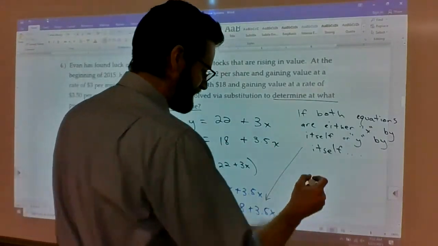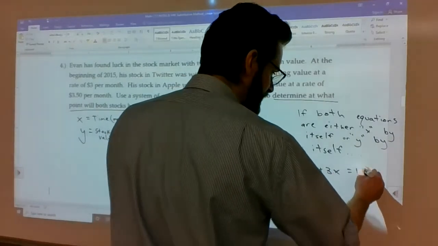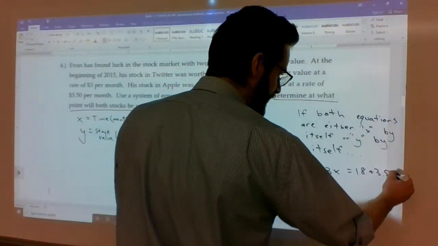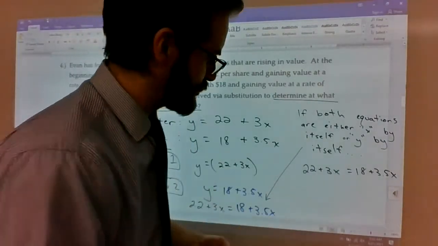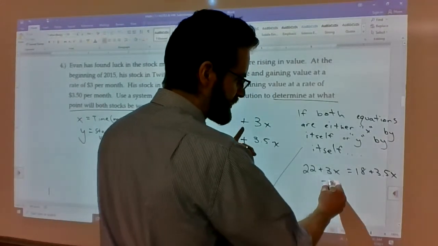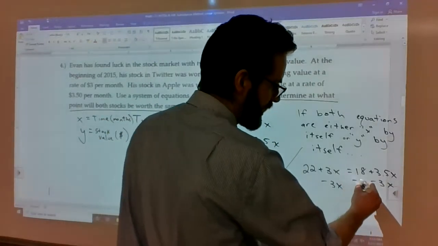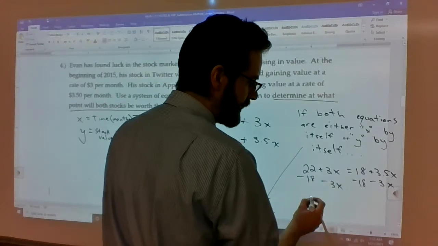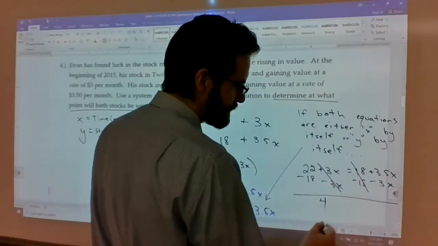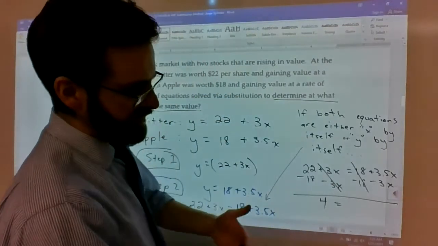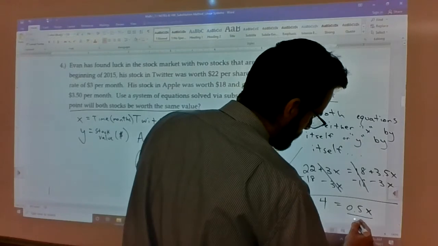This might be a little more confusing. You haven't had to move x's to one side yet on this assignment, but we did this back in chapter 2. So I'm going to get the x's to the right because I know that'll give me a positive answer, and constants to the left. So these cancel, that's 4. And 3.5 minus 3 is 0.5. Then you can divide by 0.5.